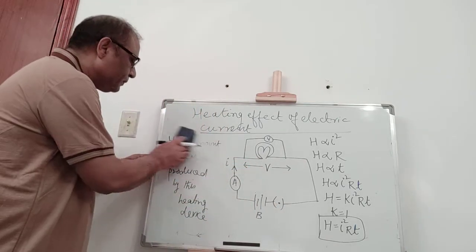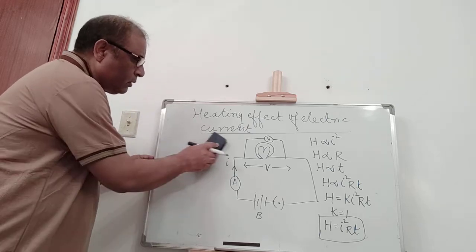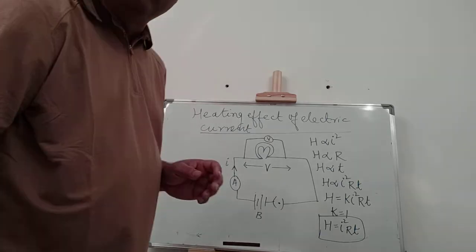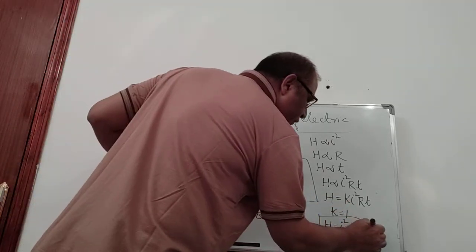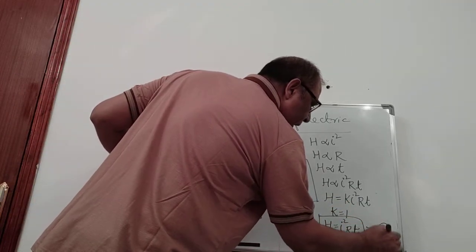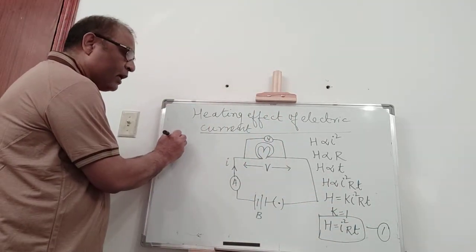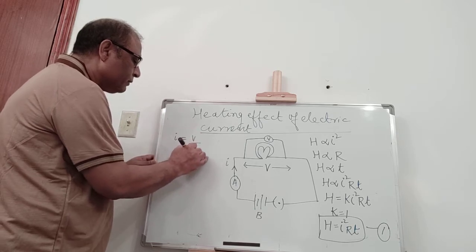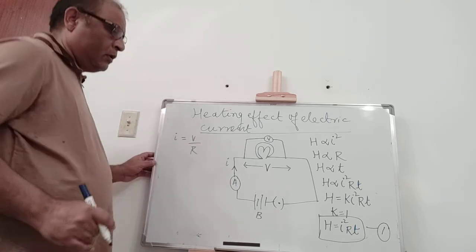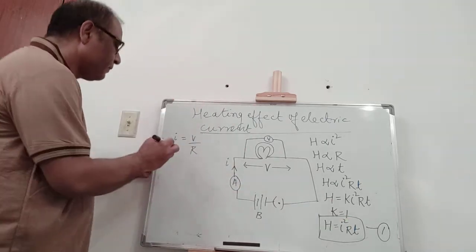Now, here we know that this may be formula in equation 1. We know that I equal to V upon R. Now we can put this value of I in equation 1.